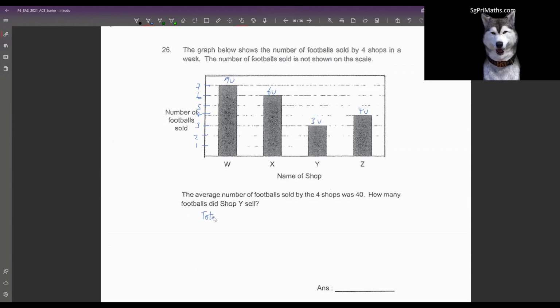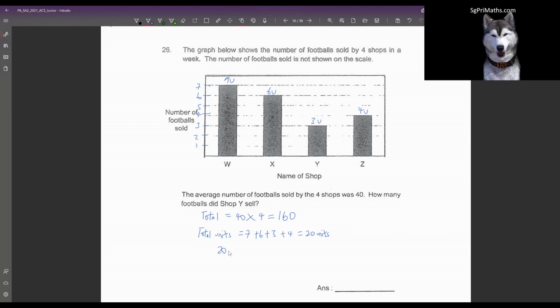The total is the average, which is 40, multiplied by the number of shops, which is 4. This will give us 160 footballs. Altogether the total units equals 7 plus 6 plus 3 plus 4. This will give us 20 units.